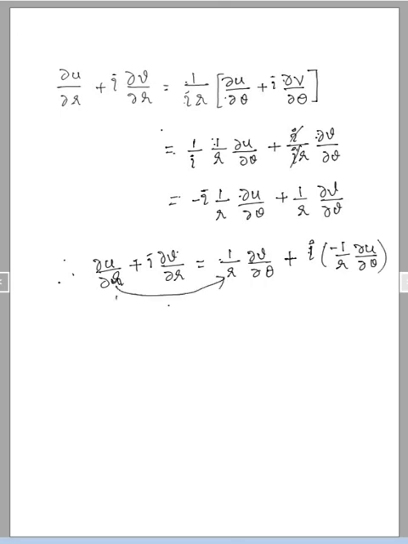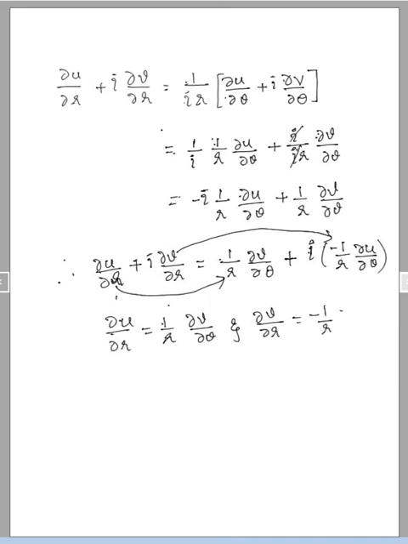This is the real part and this is the imaginary part. Equating them, we get del u by del r is equal to 1 over r times of del v by del theta, and del v by del r is equal to minus 1 over r into del u by del theta. So this is the required CR equation in polar form.